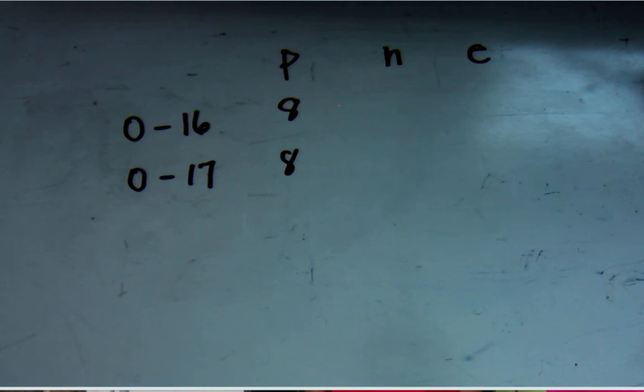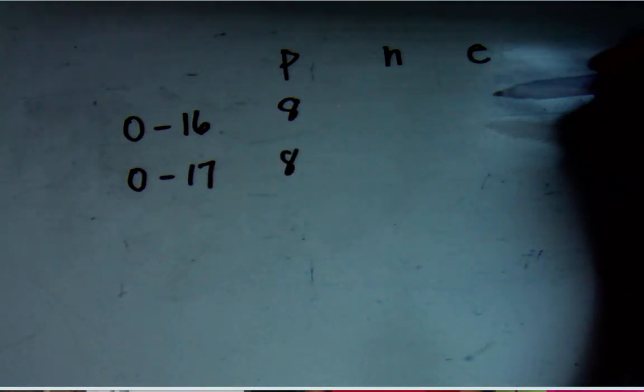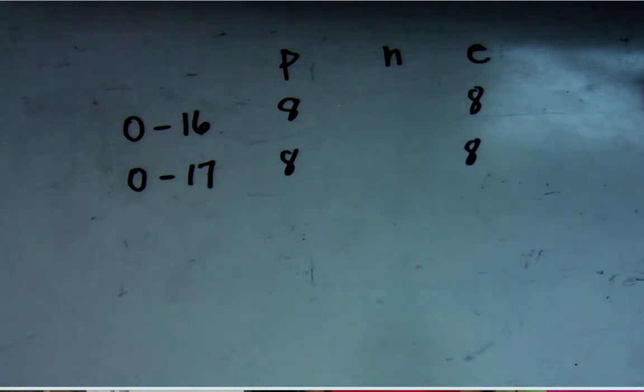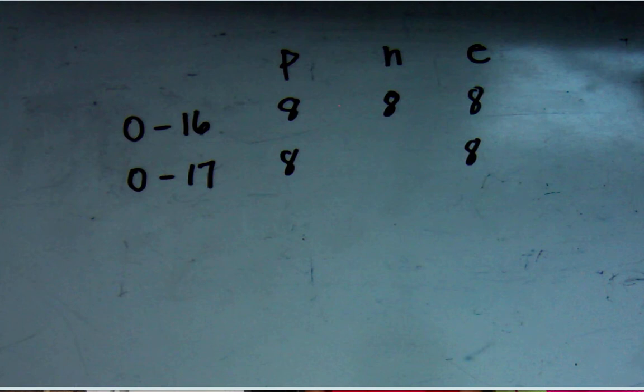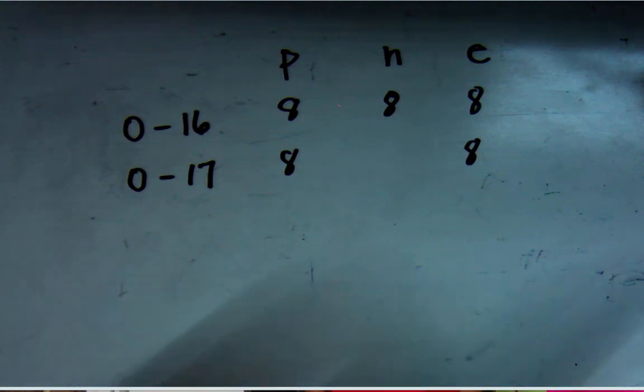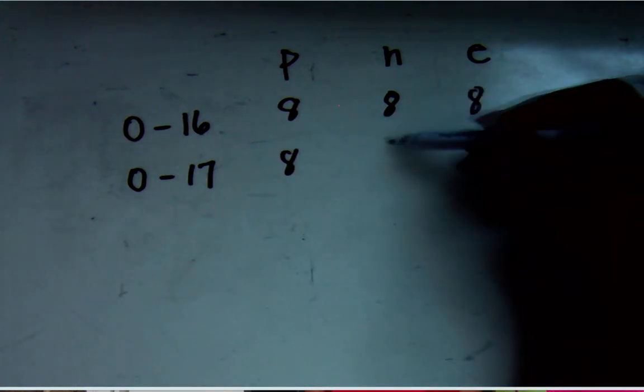And because we have an atom, we know that the number of protons and electrons are equal. So oxygen 16 has 8 electrons. Oxygen 17 has 8 electrons. To find the number of neutrons, it is your mass number minus the atomic number. 16 minus 8 equals 8. And 17 minus 8 equals 9.